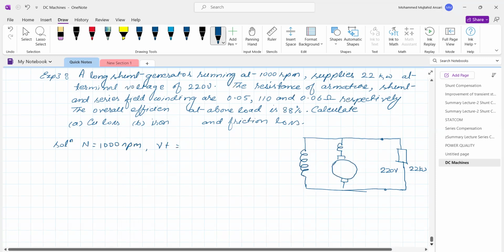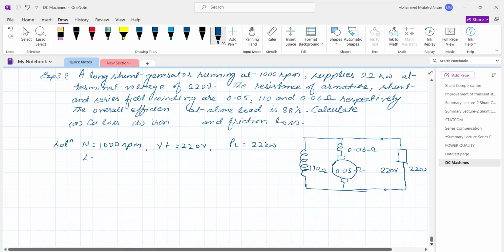The resistance of armature is 0.05 ohm, whereas shunt field winding is 110 ohm, and series field winding is 0.06 ohm, isn't it? So first what we will do, we will calculate the current.